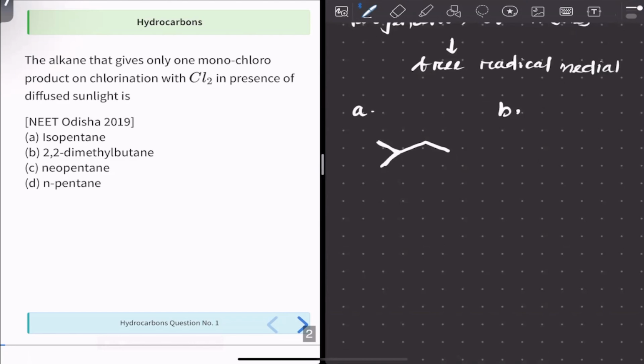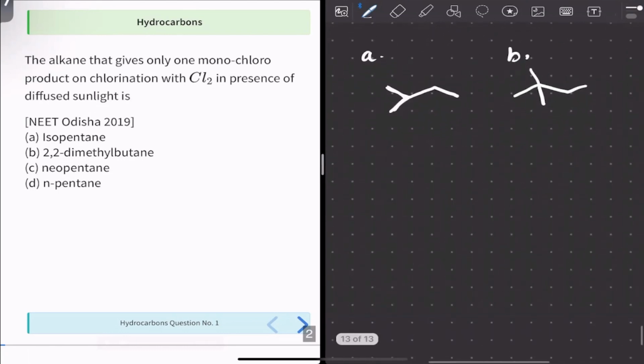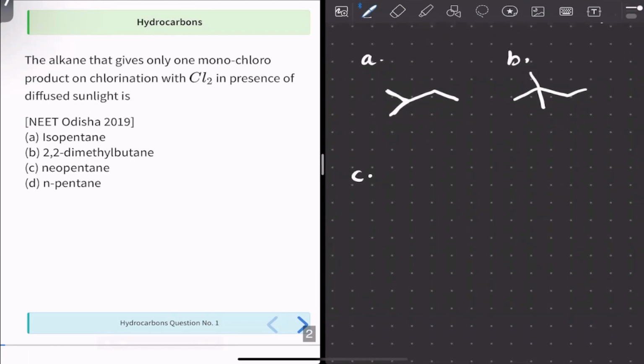Option B is given as 2,2-dimethyl butane. Okay. Option C is given as neopentane. And option D is given as n-pentane.